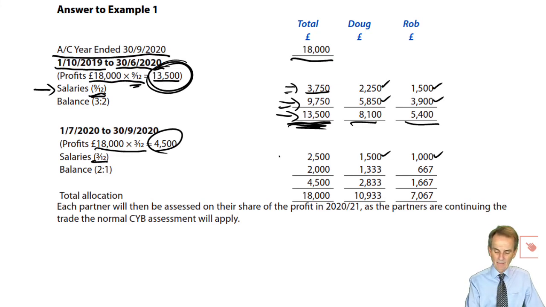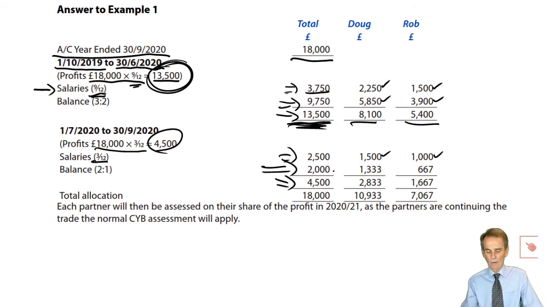Put them together, we've got a total of £2,500 allocated out of £4,500 in total, leaving therefore as a balancing figure to be split in the revised PSR, here 2:1, a balance of £2,000. That gives us therefore, not quite nice round numbers, but 1,333 and 667.